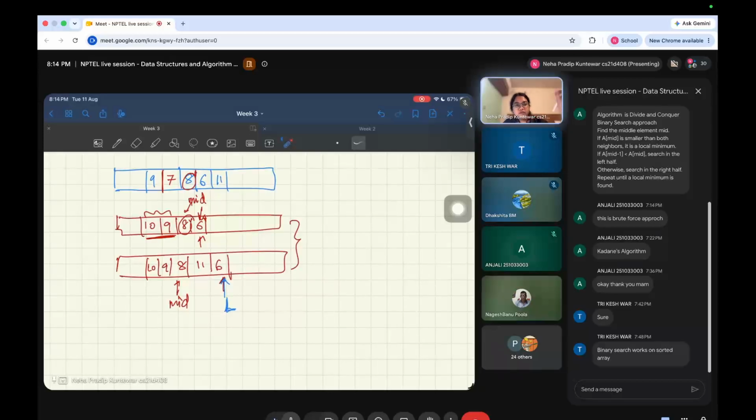So remember, what do we want? The invariant we want is that wherever we go, if we move to the left, we want to make sure that the previous two elements are larger than it.